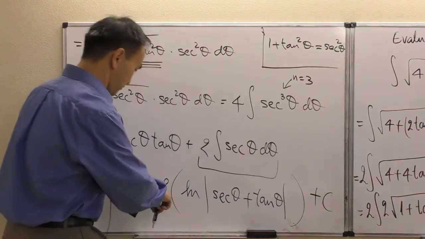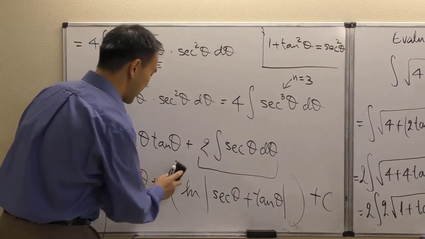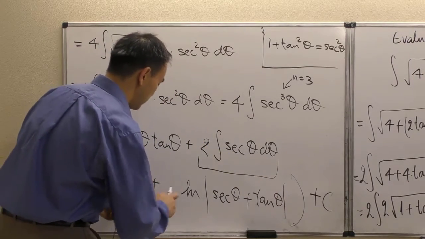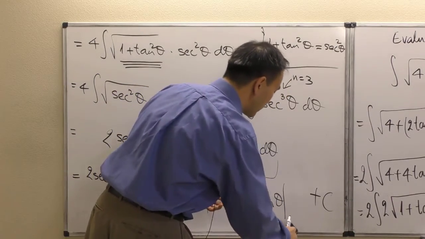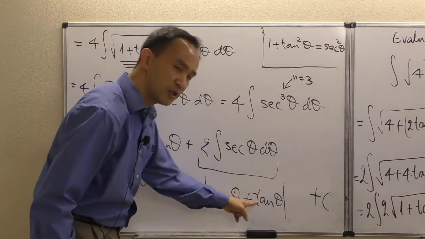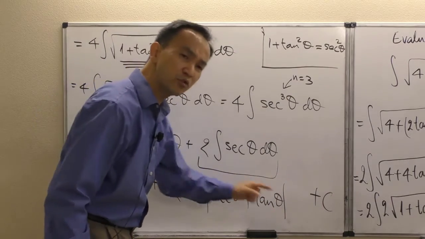So really, I'm going to now go ahead and multiply 2 with the natural log expression here. That leaves me 2 times natural log. The only thing I ask you to pay a little attention to is that the secant theta plus tangent theta right here must be inside the absolute value.